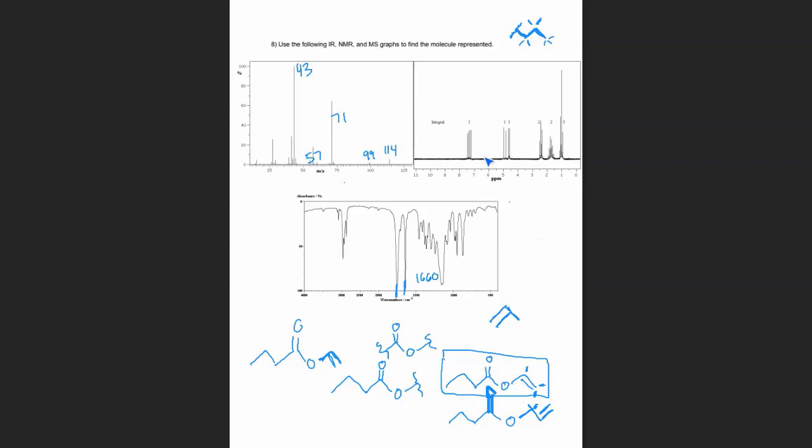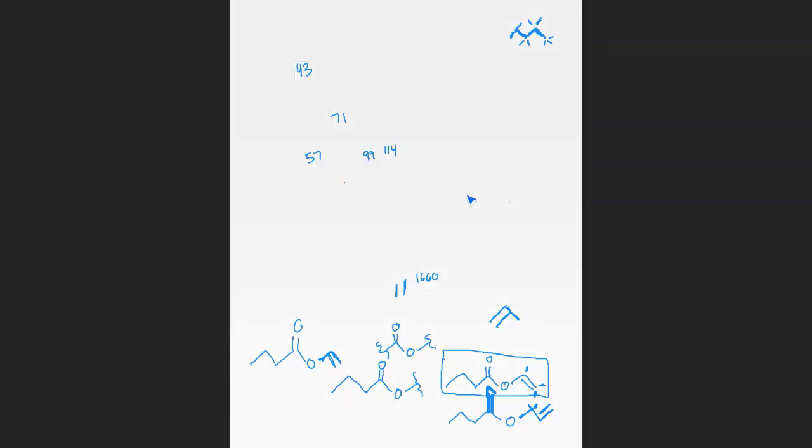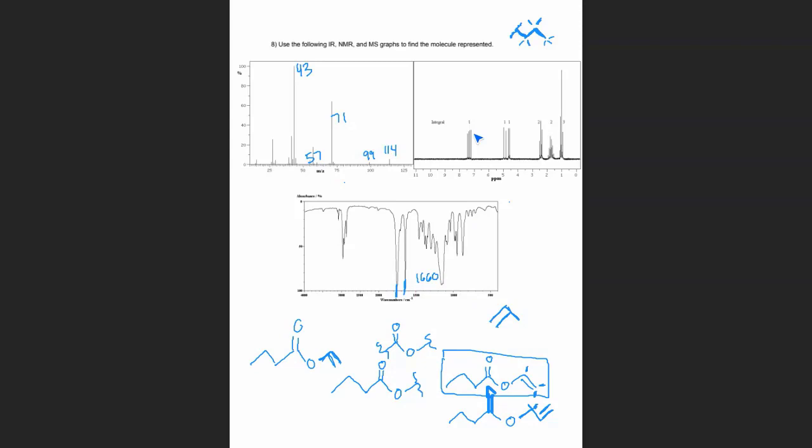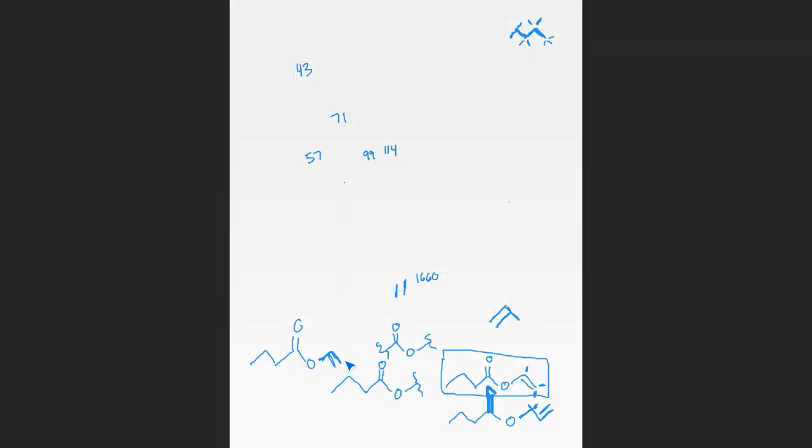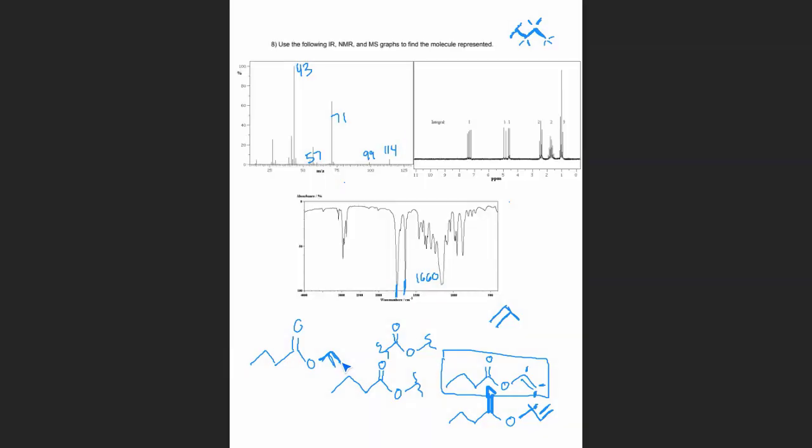Someone asked, why is it a quartet? These 2, the ones at 5.4, are doublets. These are the 2 hydrogens that are splitting each other.